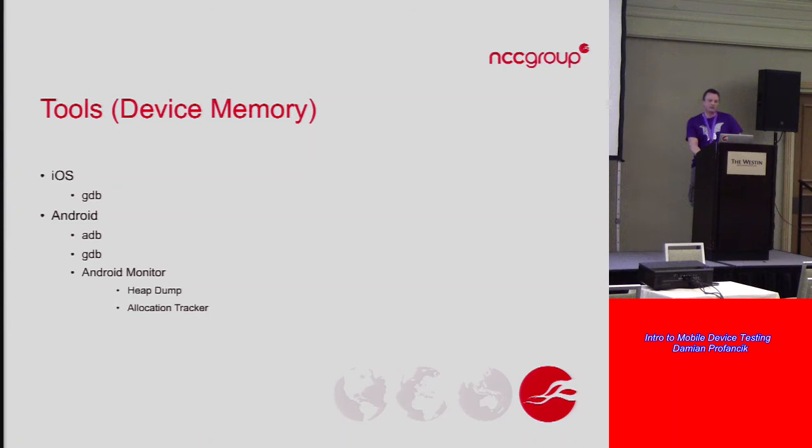That's another reason why you'd need to have your device jailbroken, because you wouldn't be able to do that without it. ADB is usually what I use if I'm on Android, but GDB works as well on Android. And then there's some other neat things also in Android Studio, as I mentioned, where you can dump the heap and get memory captures, and you can then scan through memory for things that you would need to access there.